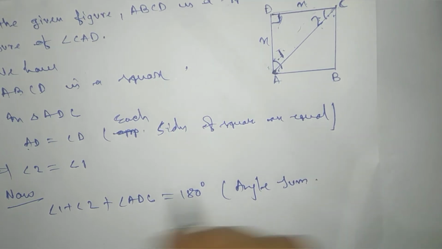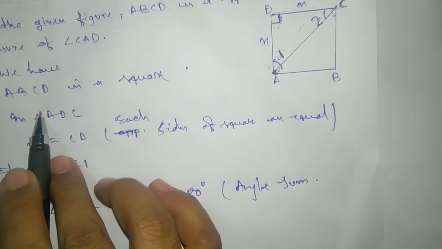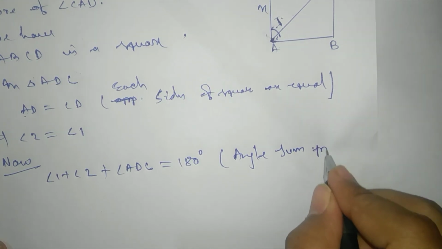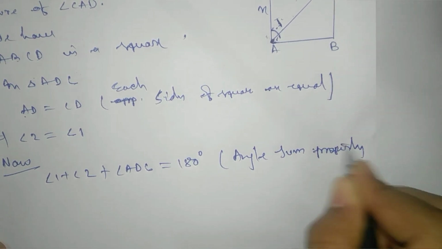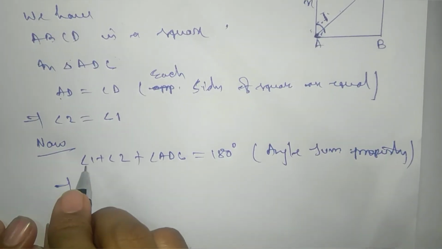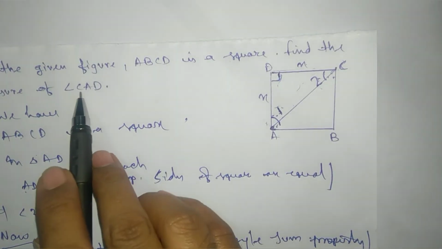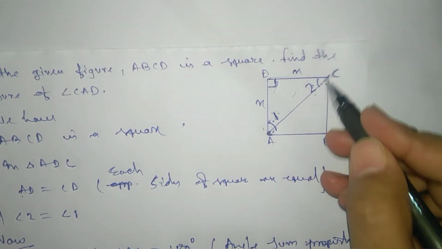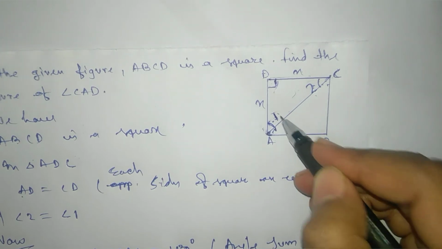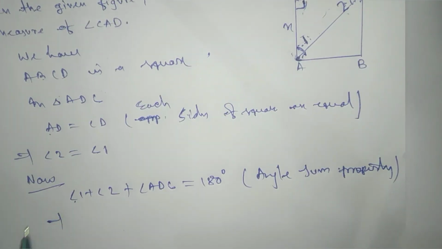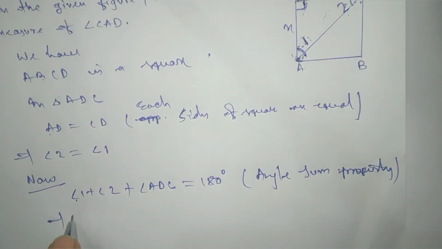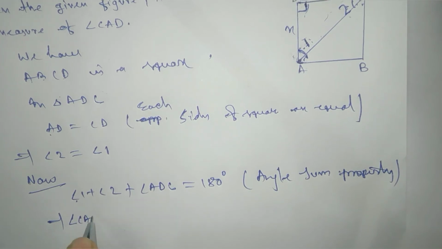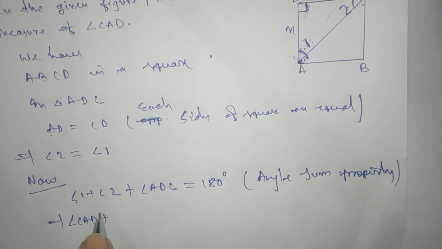Since they are asking for CAD, instead of angle 1 you write angle CAD, and 2 is also angle CAD.